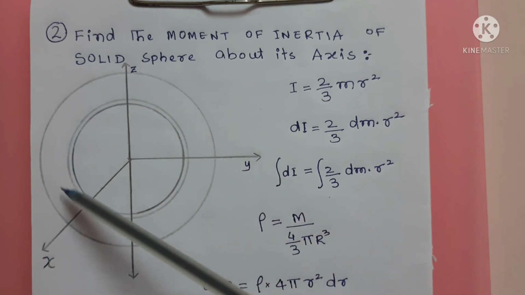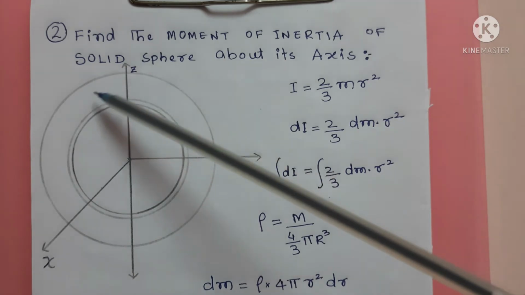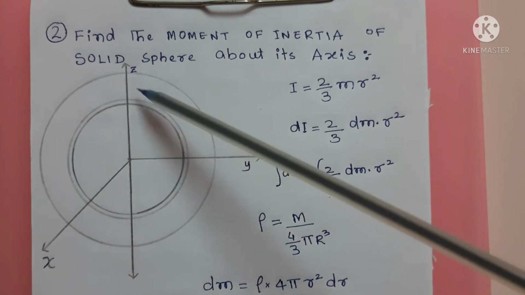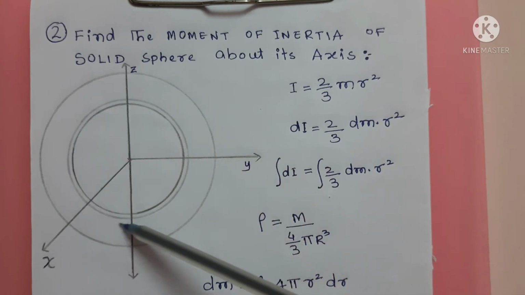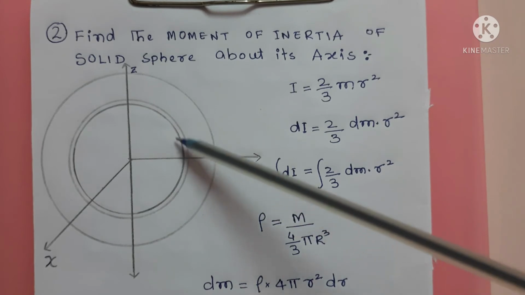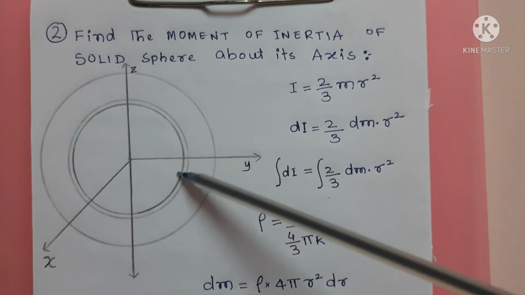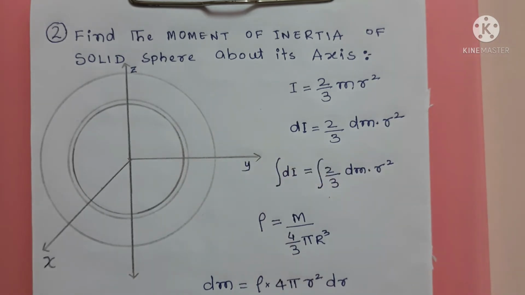I am cutting like this, which is spherical in shape. This portion of mass dm has a small thickness, no? This portion I am calling, the mass is dm, which is like a hollow sphere.